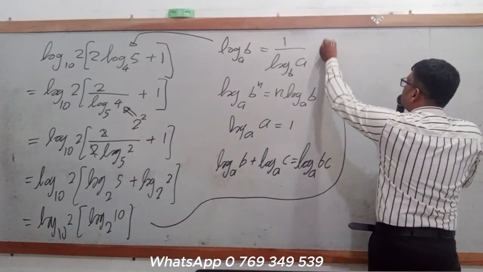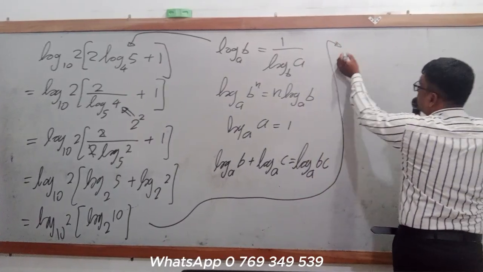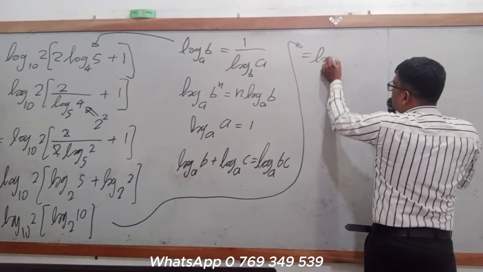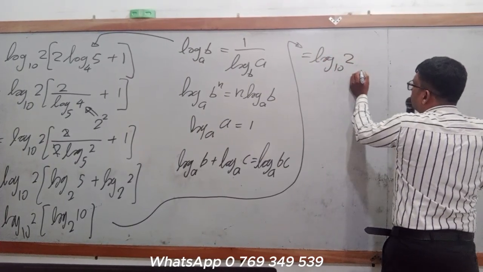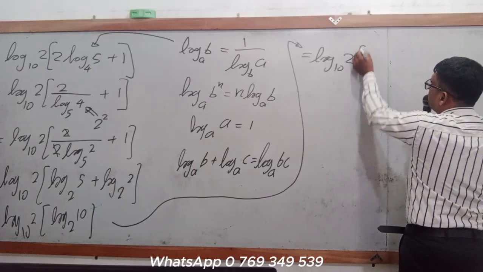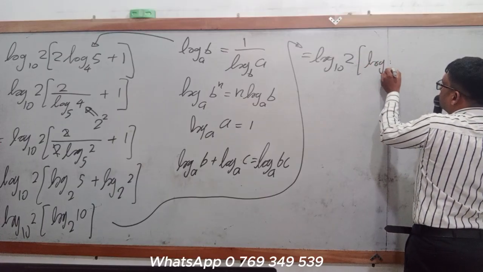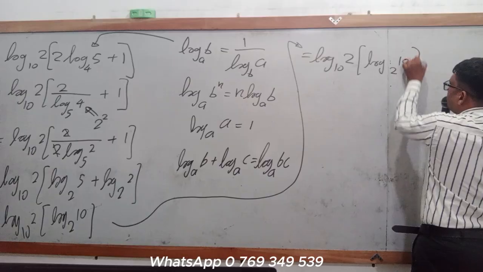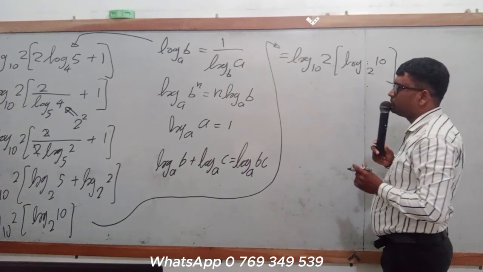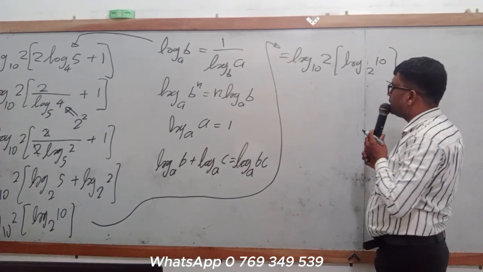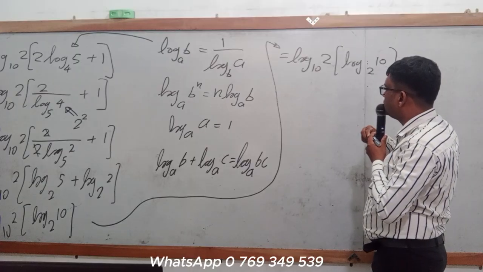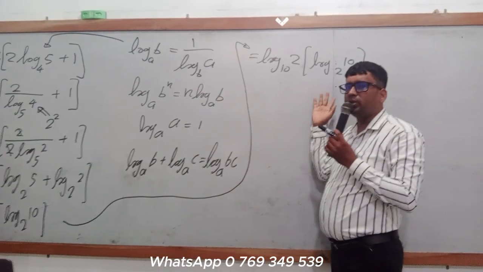I'm going to here: log 10 2, right? Log 2 10, right? Log 10 2, log 2 10.